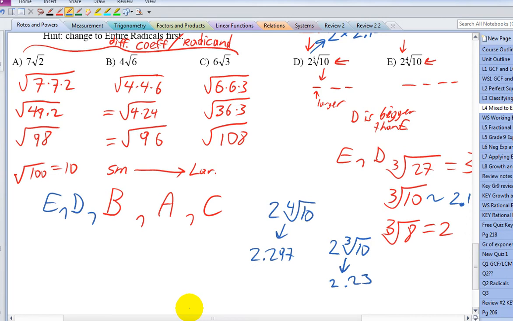Let's just leave it at that. Once you start getting to the 3s and the 4s, it's not very accurate with your estimation. Regardless, BAC, this is really what we're looking at, making sure that you can tell which one's smaller and which one's larger with the square root sign when they're identical.